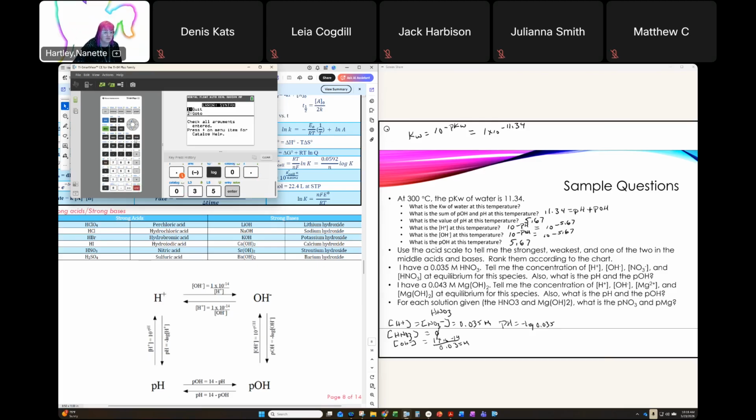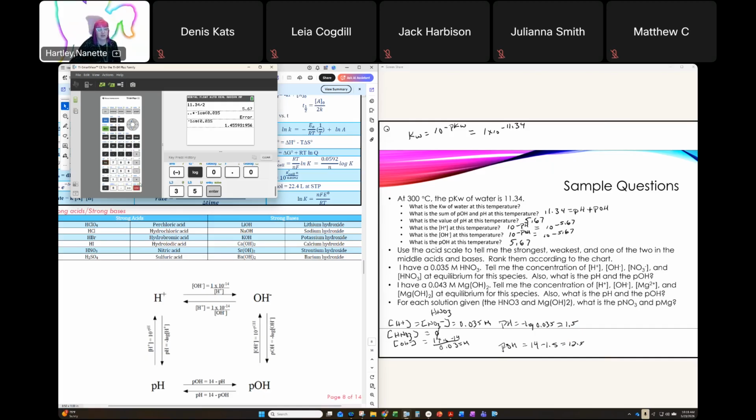Which gives me 1.5. And then my pOH is equal to 14 minus the 1.5, which is 12.5, I think.